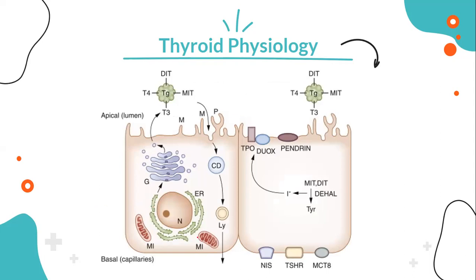How does this kind of cell produce both hormones? These follicular cells actually have two main poles, one basal pole and one apical pole. The apical pole is related to the colloid, and the basal pole is related to the capillaries.